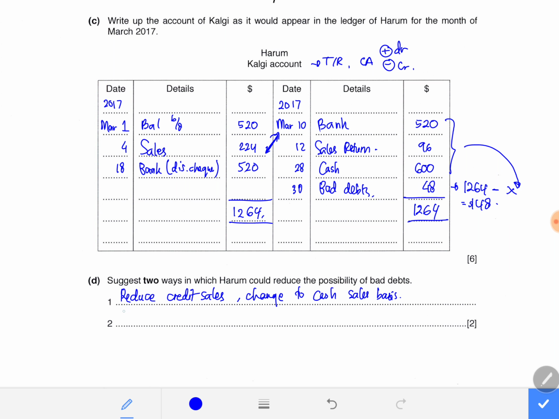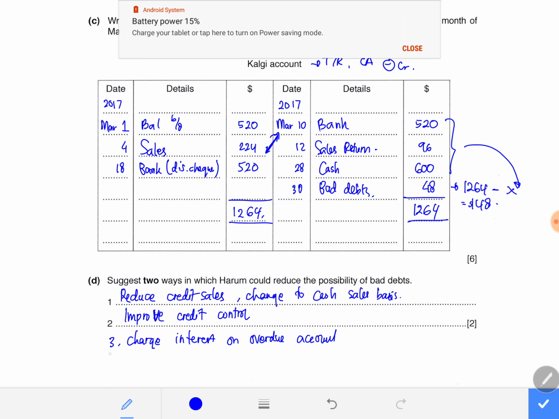So to improve credit control, it can also be the other way, or maybe you can charge interest on overdue accounts.